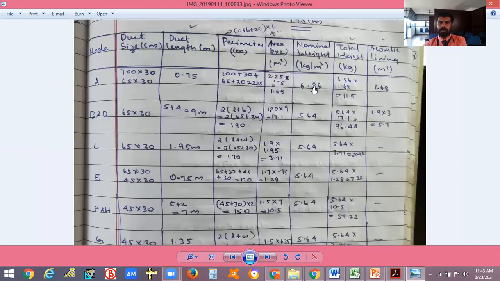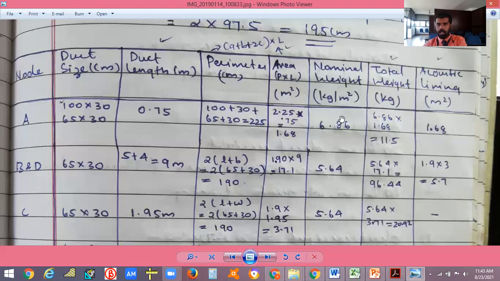So right there, 6.86. Now total weight will be nominal weight into area. So this is total weight. So multiply this with this, we'll be getting the total weight. Now, what about the acoustic lining? You know that the acoustic or the sound insulation we'll be giving for the first 3 meters.